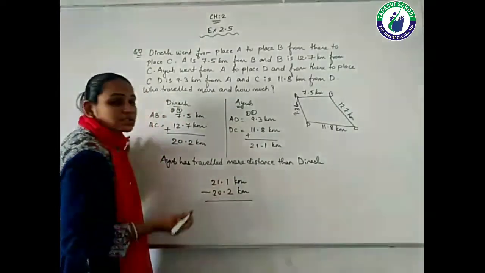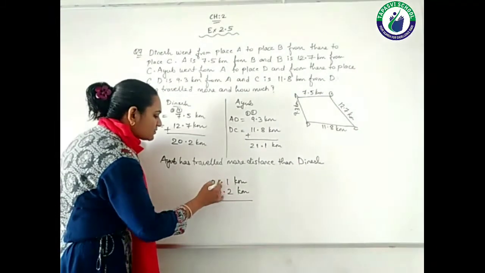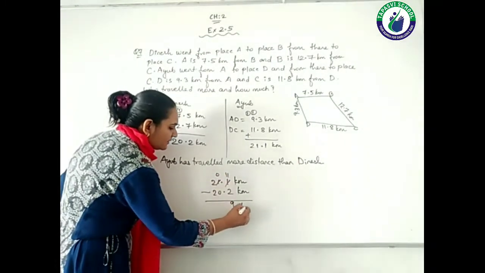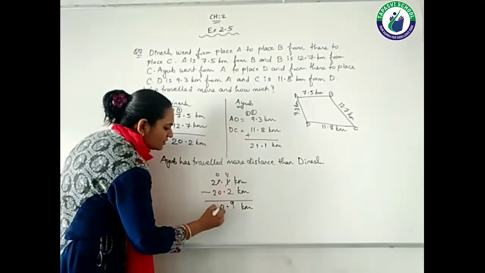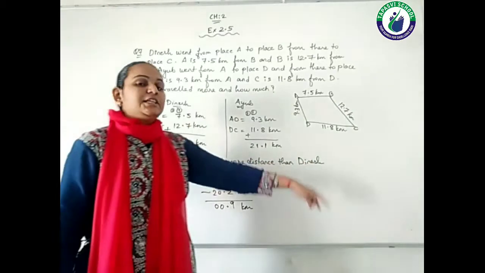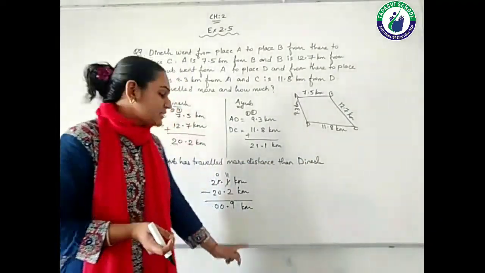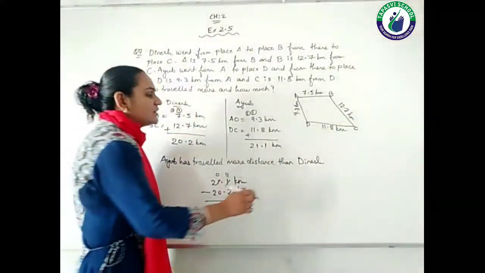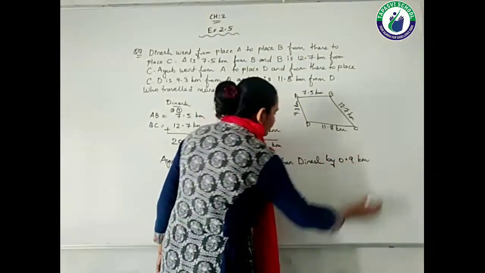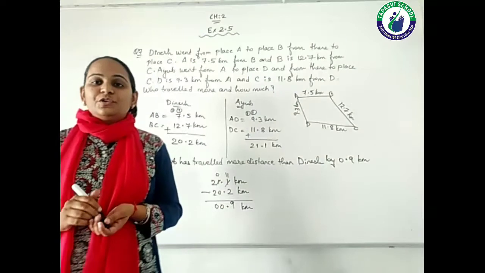So 1 minus 2 is not possible, so we have to borrow from this one. So here it will become 0, here it will become 11, so 9, so 0, and 2 minus 2 is 0. So Ayub has traveled more distance than Dinesh. By how many kilometers, students? It is 0.9 km. So here I am writing by 0.9 km. Is it okay to all of you?